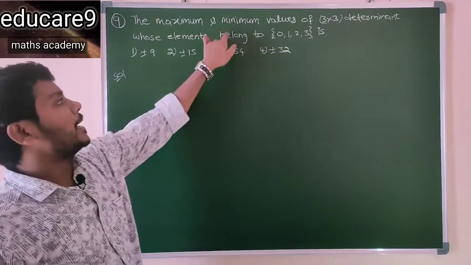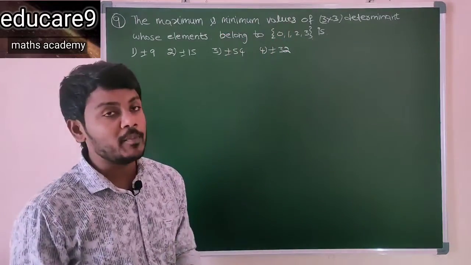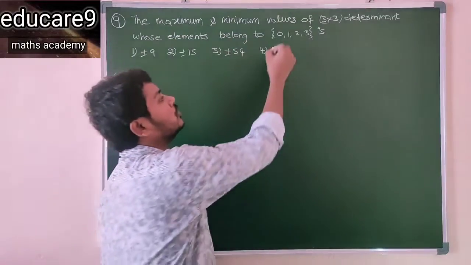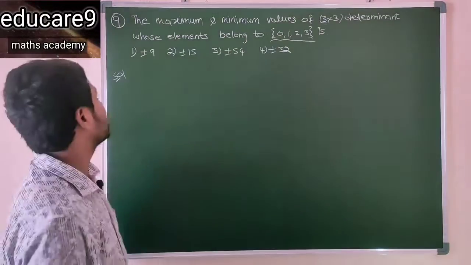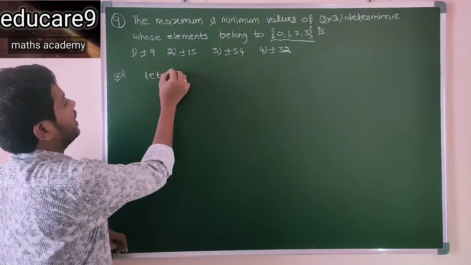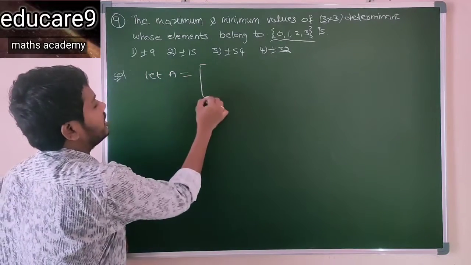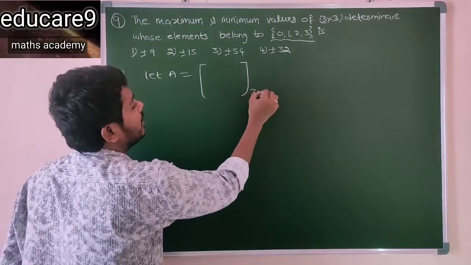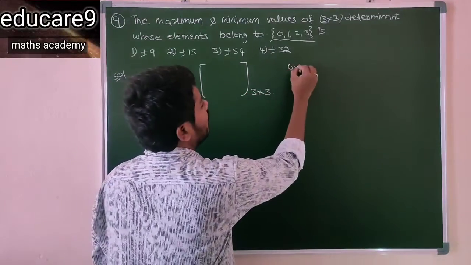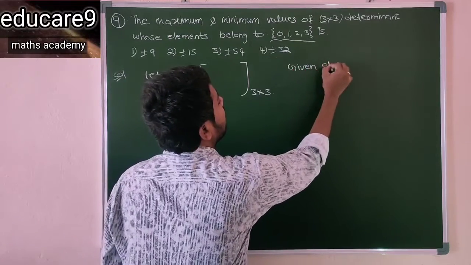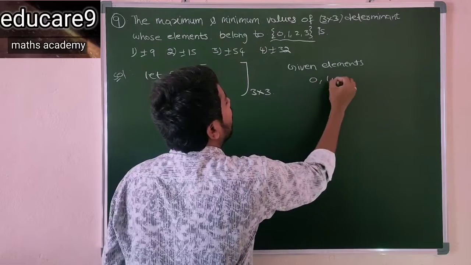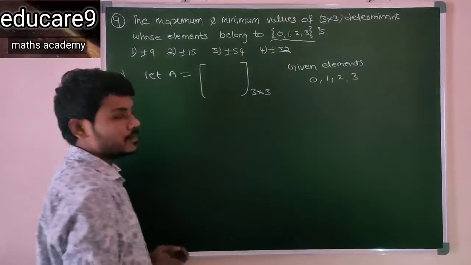Here, the maximum and minimum values of a 3 by 3 determinant whose elements belong to 0, 1, 2, 3. Let A be any 3 by 3 matrix. Here the given elements are 0, 1, 2, 3.